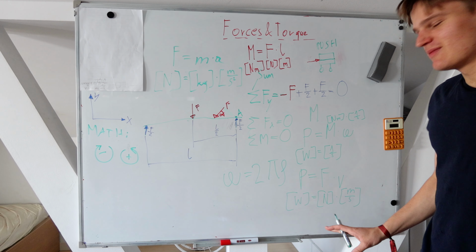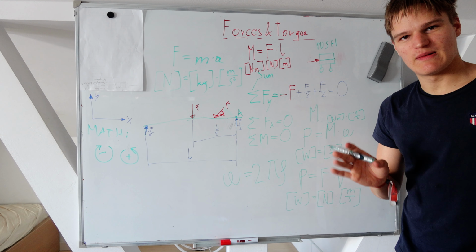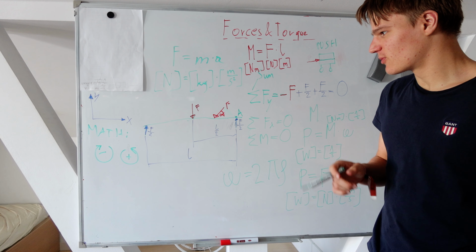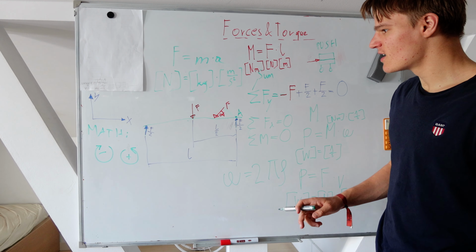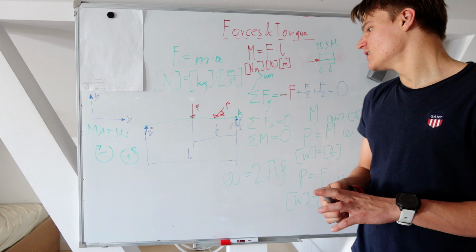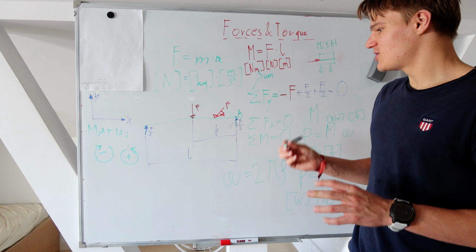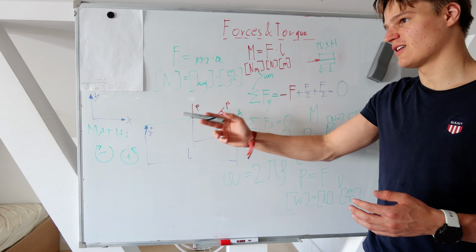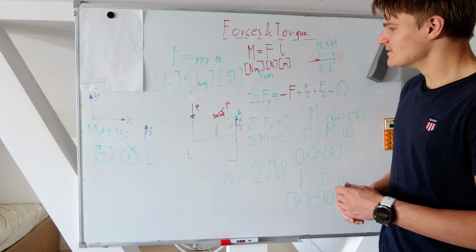So let's recap really quickly. Forces are vectors which are pointing in a direction and have a set length. We said that it doesn't matter if you pull or push as long as it's on the same line.